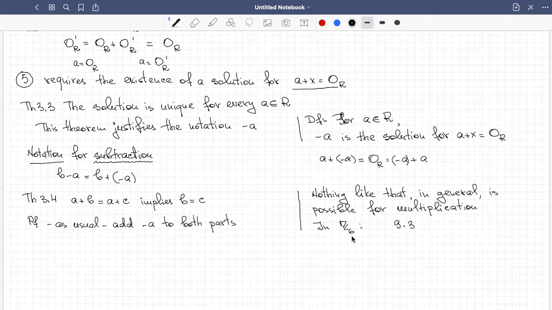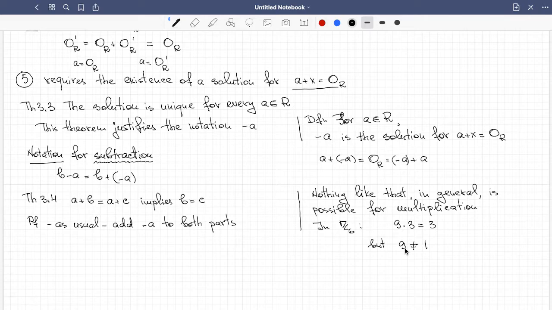In Z mod 6, 27 is the same as 3. 27 minus 3 is 24, divisible by 6. However, you cannot cancel 3 as you cancel a here, because 9 is not equal to 1 in Z mod 6, since the difference 9 minus 1, which is 8, is not divisible by 6.